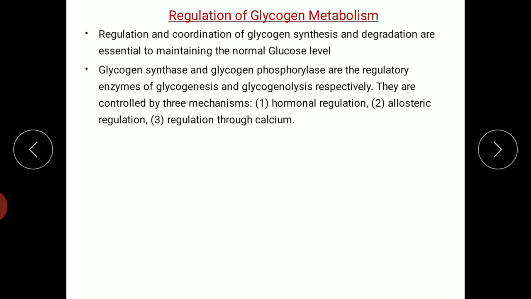What are regulatory enzymes? Most of the pathways have many enzymes involved in different steps, but some enzymes play a key role. By controlling these enzymes, the whole pathway can be regulated.